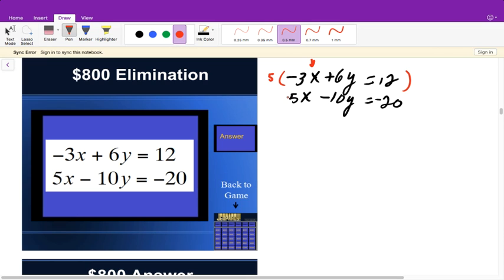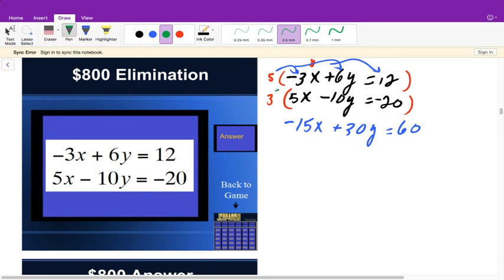So I'll need to multiply the 3 by 5 to eliminate, and this 5 by 3 to eliminate. So this will give me negative 15x when I distribute in, plus 30y is equal to 60. And then when I distribute this one in, I get 15x minus 30y is equal to negative 60.